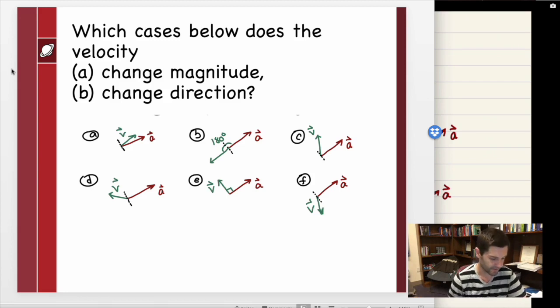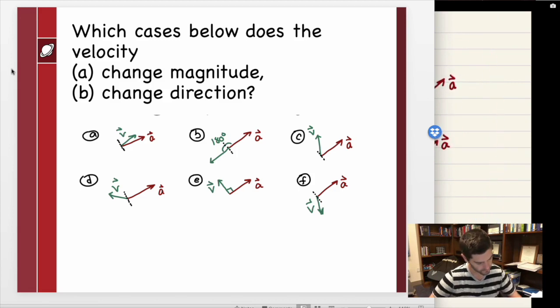And the question you should pause and think about is, which of these results in the velocity vector changing magnitude, so getting longer or shorter, and which result in the velocity vector changing direction? You can think back to the vector in-class assignment where we looked at vectors that pointed both parallel and perpendicular, and different results occurred.